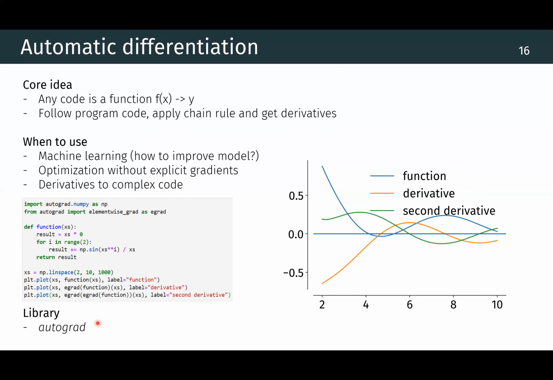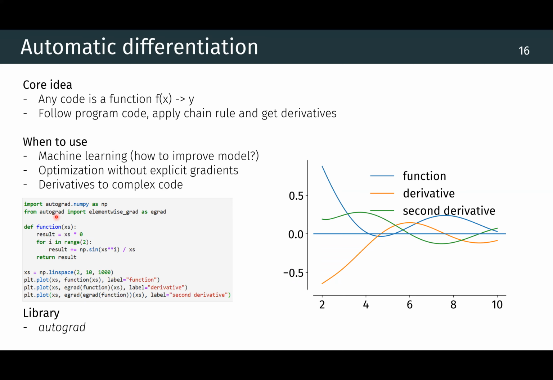But it's fairly easy. If you look at this function over here, we import a different flavor of NumPy. We use autograd.numpy, which means we just write NumPy code as we used to, but autograd is calling NumPy in the background, and it's also keeping track of what we did with NumPy. Then we also import the element-wise gradient, meaning for any vector, we get the gradient individually for every component.